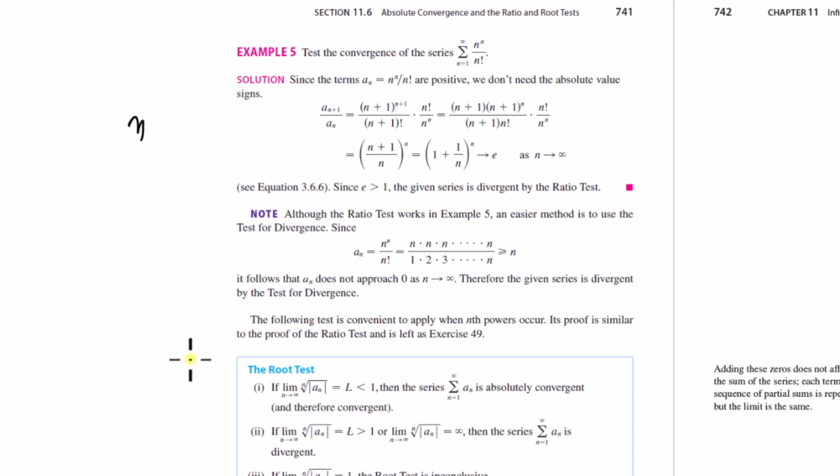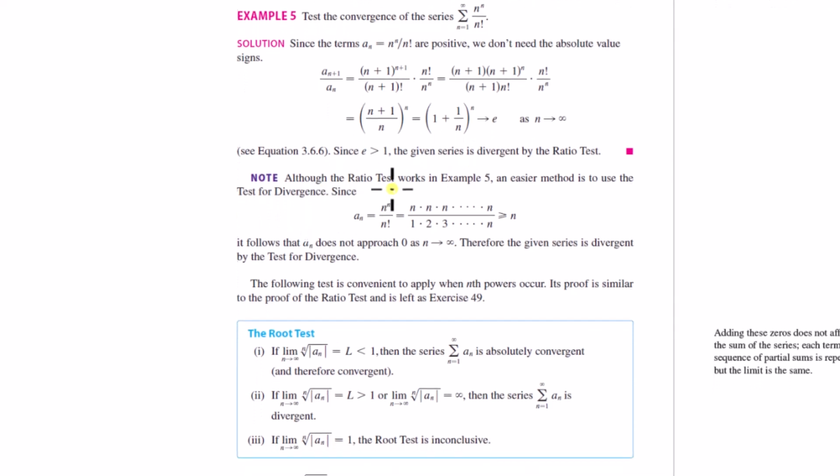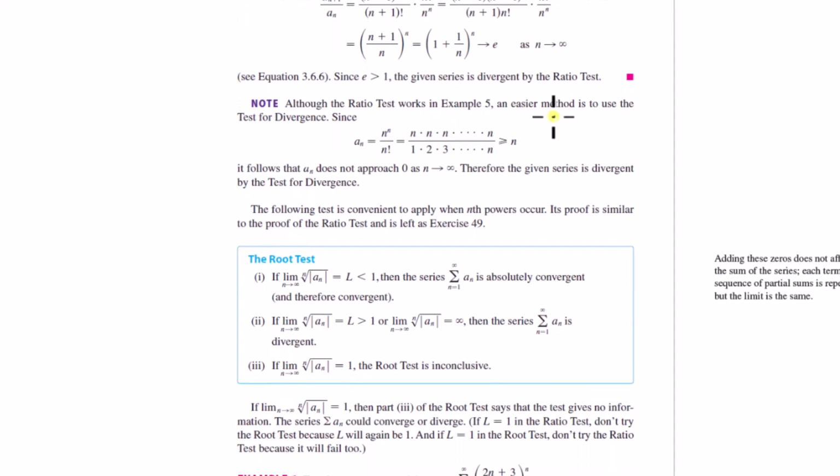And so this approaches e, which is greater than 1, so this is divergent. Okay, it says, although the ratio test works in the previous example, an easier method is to use the test for divergence. So we always want to consider the test for divergence. If we look at the sequence of the series and it seems evident that its limit would not be equal to 0, then we can just do the test for divergence and show it's divergent.